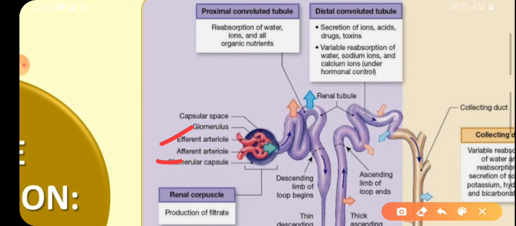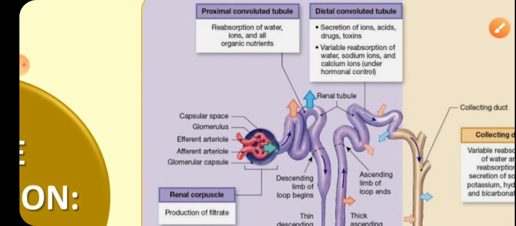Hence, the input of blood in the glomerulus is greater than the output. It causes an increase in blood pressure, resulting in ultrafiltration through a semi-permeable membrane. The filtration is passive and non-selective.